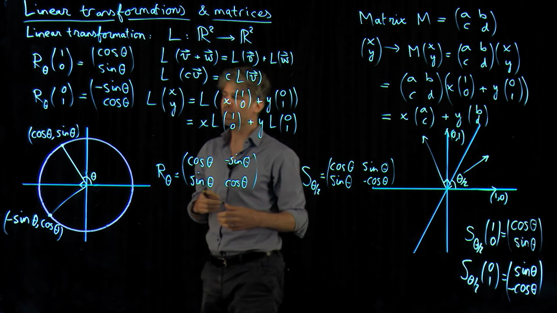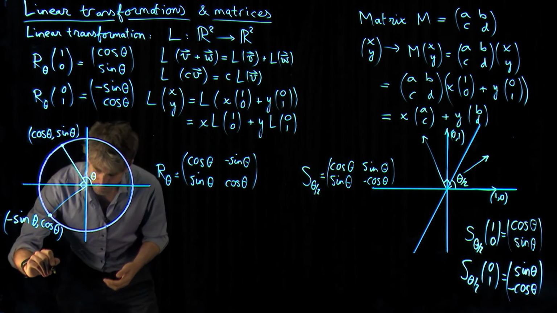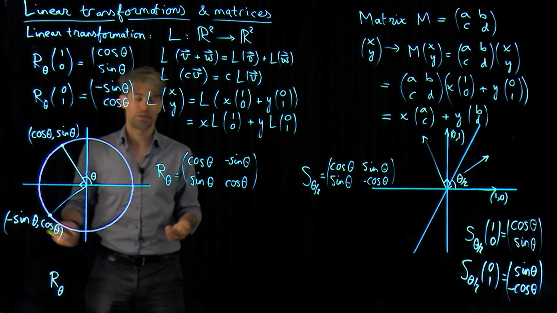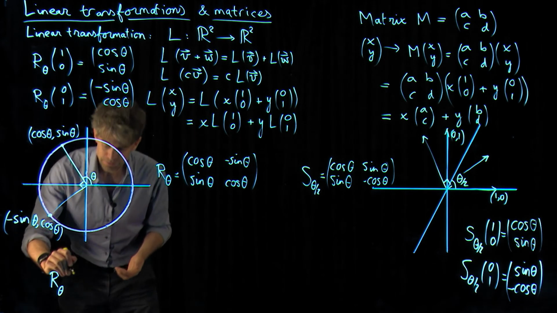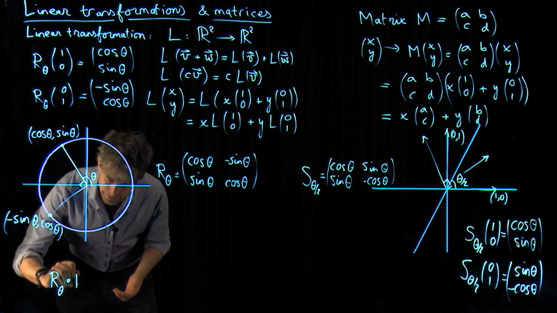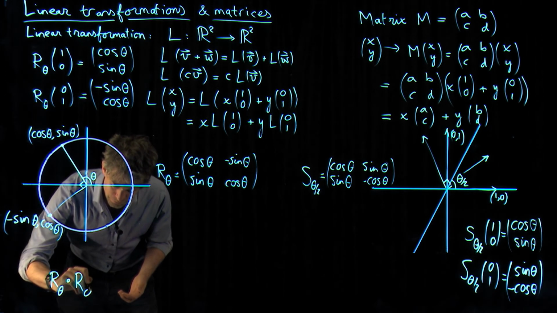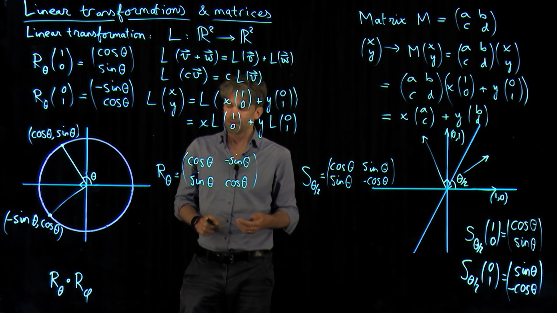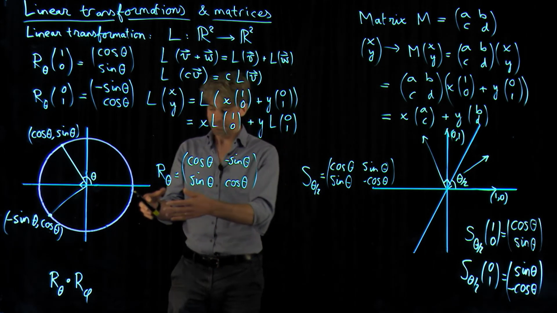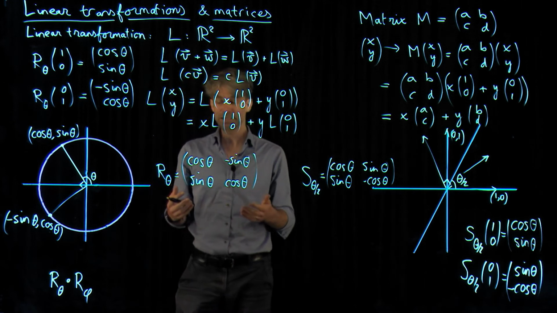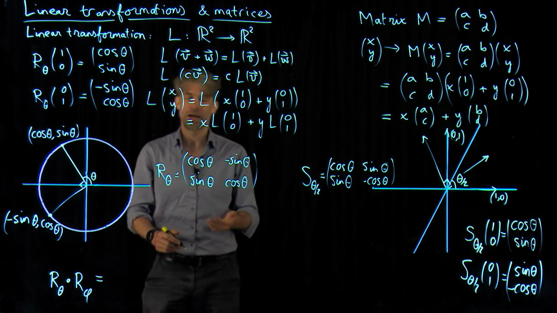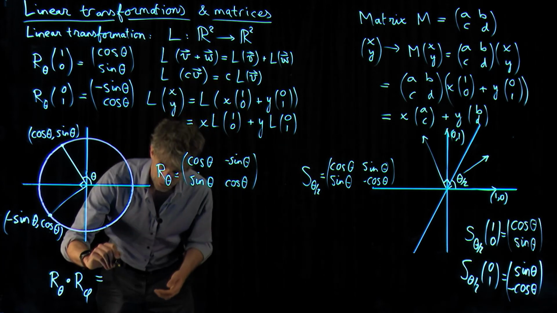So suppose I'm interested in first rotating by an angle of theta, and then rotating by an angle of say psi, then if I want to find a matrix for this, I can find it by simply multiplying. And well, I'm going to do that and hopefully make no mistakes.